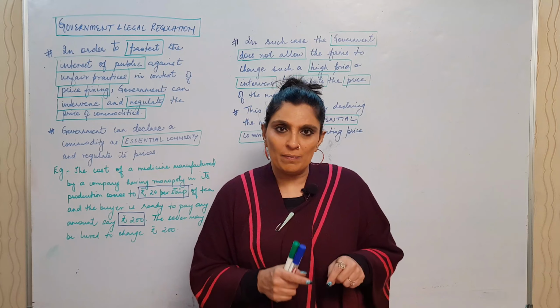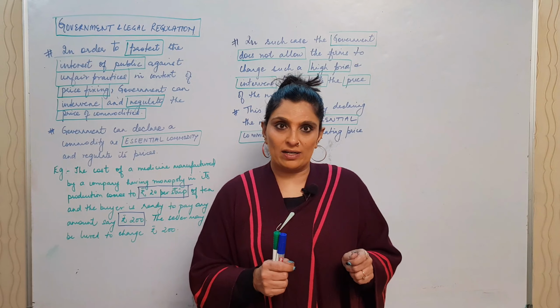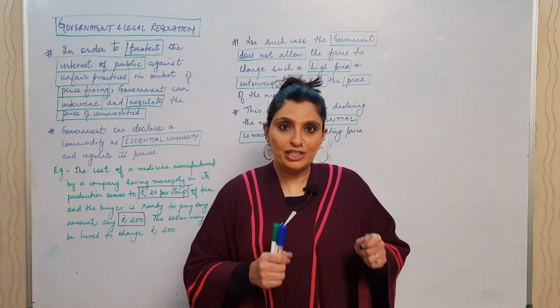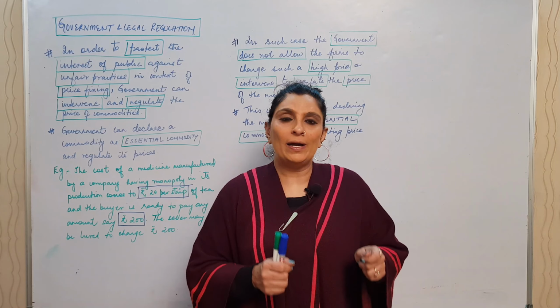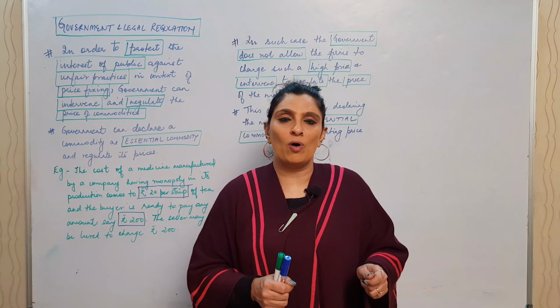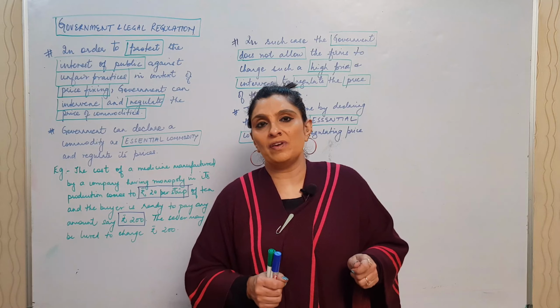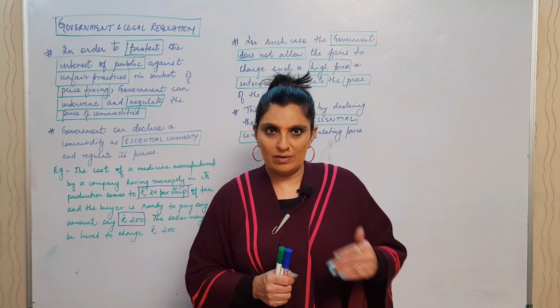And if the government takes a check and regulates things and ensures that this required product becomes an essential commodity, then the prices can be fixed at a lower level.